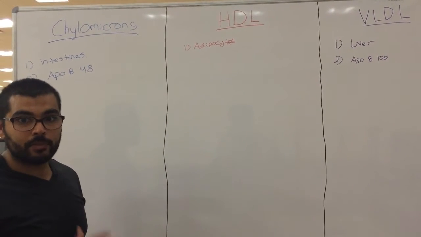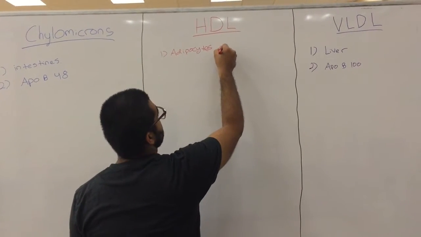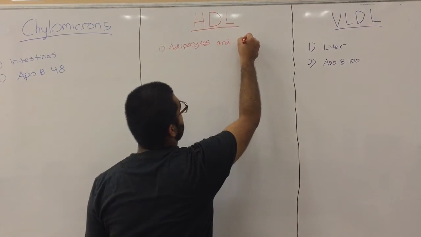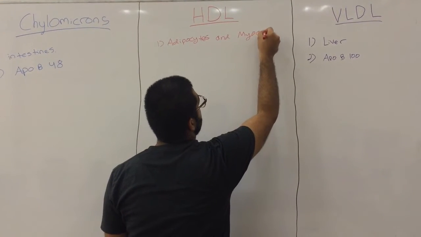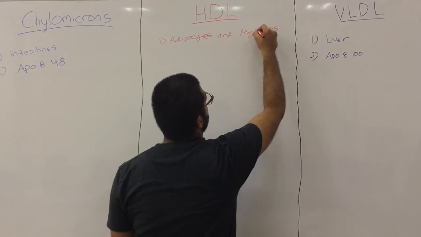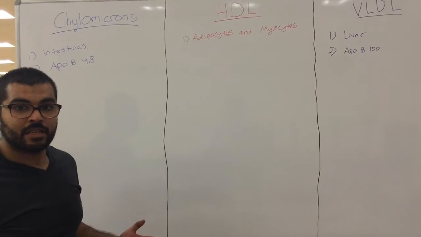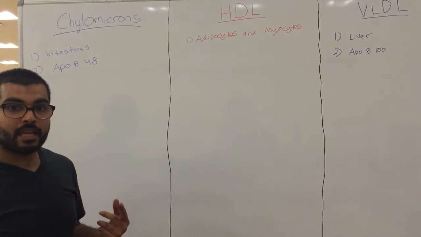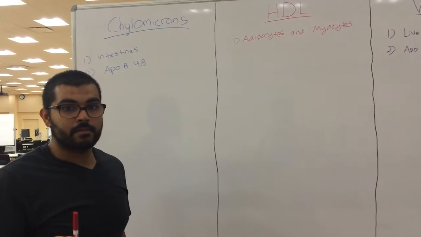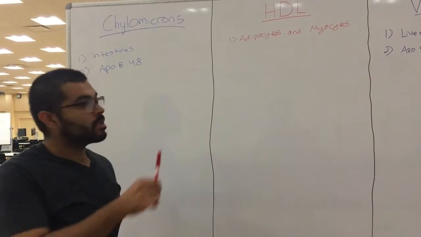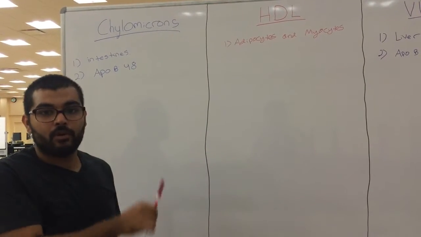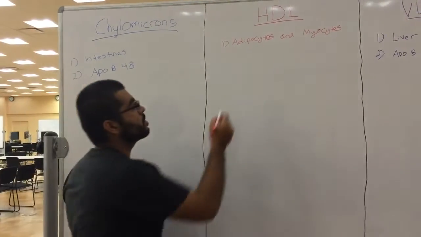HDL produced by adipocytes and myocytes. And what are some of the things that HDL actually has? Number one is going to be ApoA1. That's the main thing. That's the only lipoprotein that has ApoA1, and that's going to be your HDL.